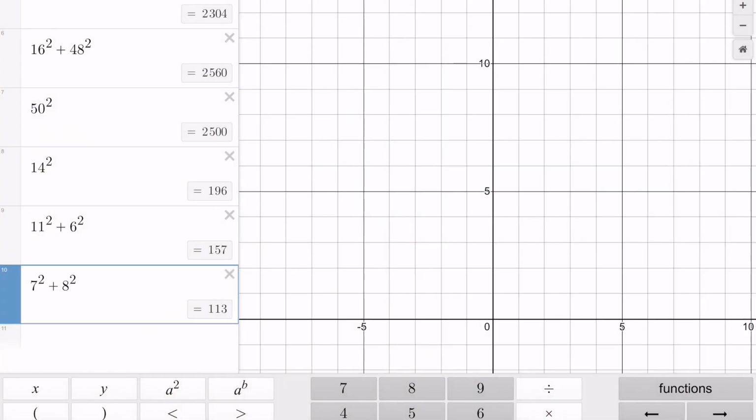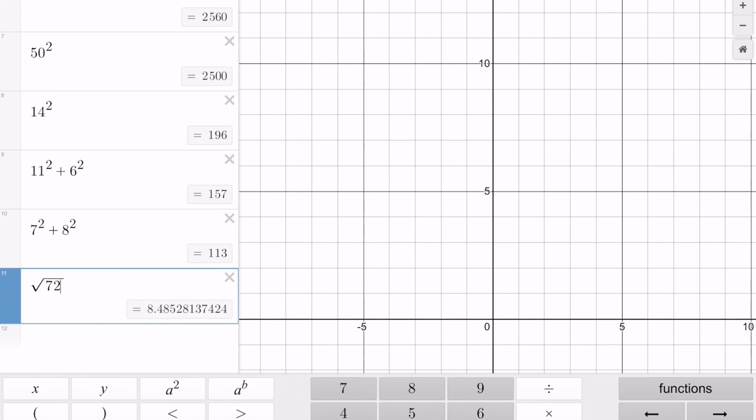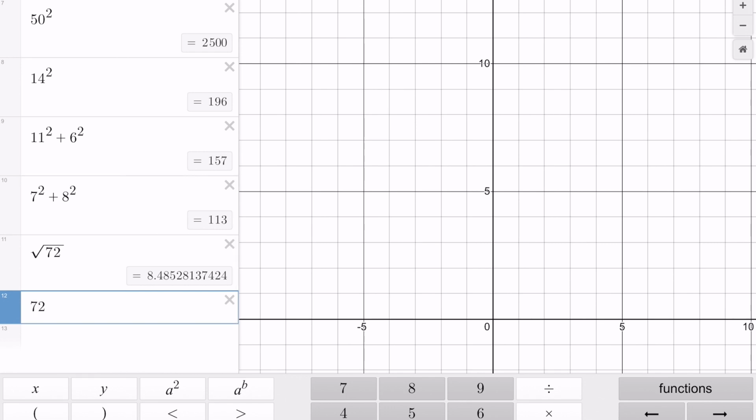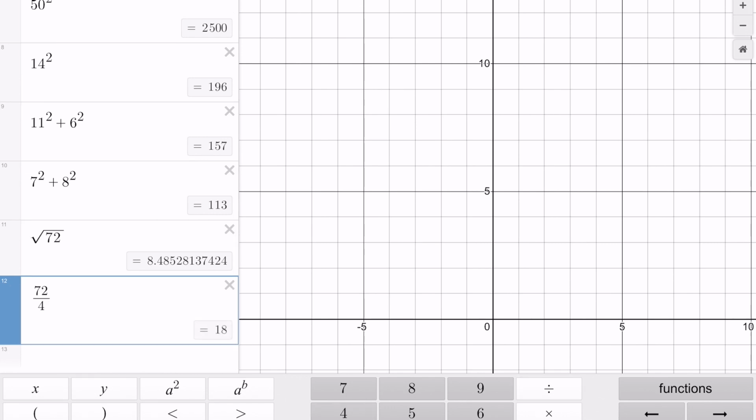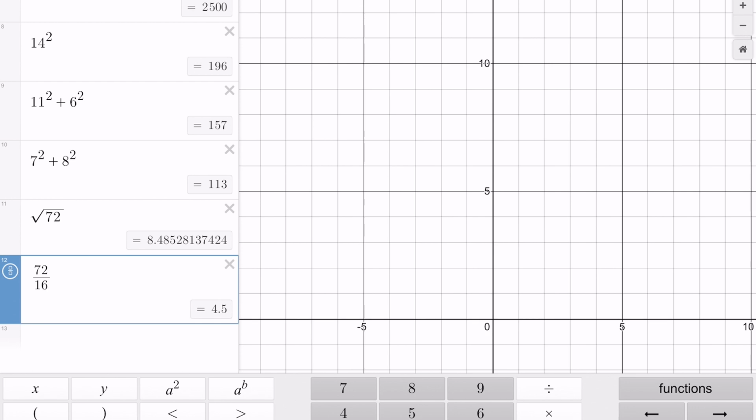Let's take a look. The square root of 72 is irrational. So what are some perfect squares that go into 72? Well, 4 works. But notice 18 has a 9 and a 2, so we can go a little bit further. 16 doesn't work, 5 times 5 is 25, that doesn't work. 6 times 6 is 36.